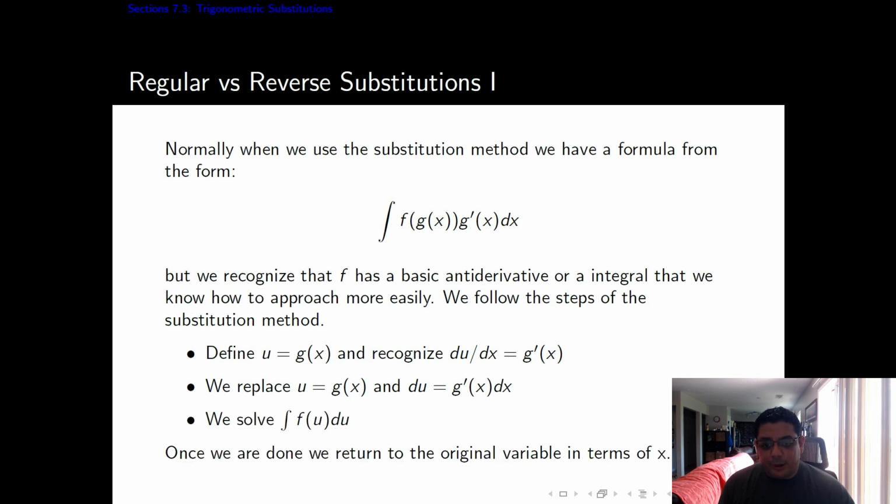We plug that into the main formula and get an integral of f of u du, which we can solve. Once we solve that, we return to the original variable in terms of x. That is just regular substitution.